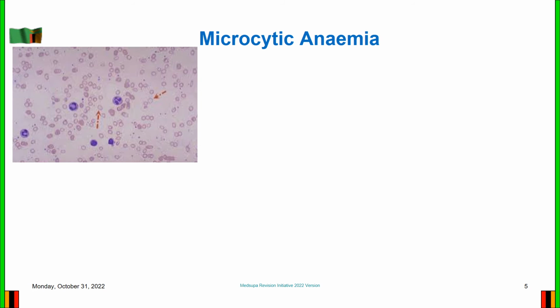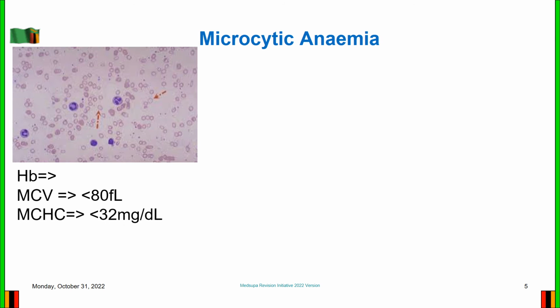So let's see what happens. Hemoglobin will be low for it to be called anemia. MCV will be less than 80 femtoliters. Now, what happens to the mean cell hemoglobin concentration? It will also be low. It's very important to note that you will not find microcytic normochromic anemia.